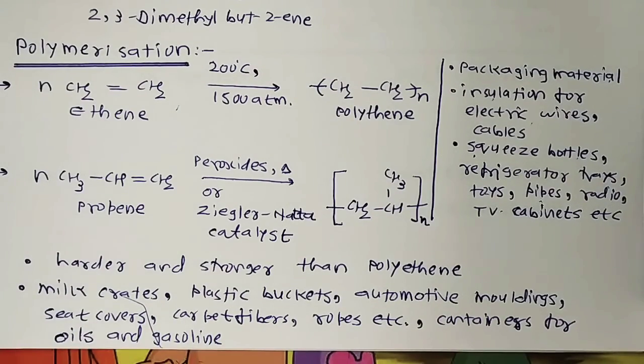In this portion on alkenes, we discussed various reactions like electrophilic addition reactions. In these electrophilic addition reactions, the first point is hydrogenation, then halogenation, then hydrohalogenation, then addition of sulfuric acid, meaning indirect hydration, and then hydration, which is a direct hydration process.